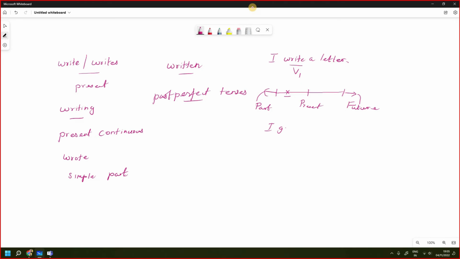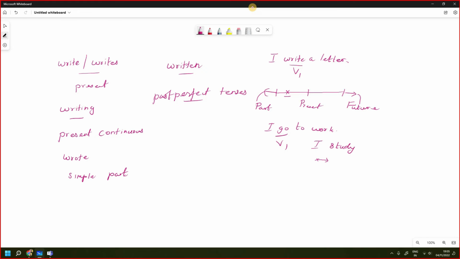Now for example, you say I go to work. Somebody asks you, what are you doing? You say I go to work. That means it is going on. Then you can also say I study. That means the action has started and it is in progress.